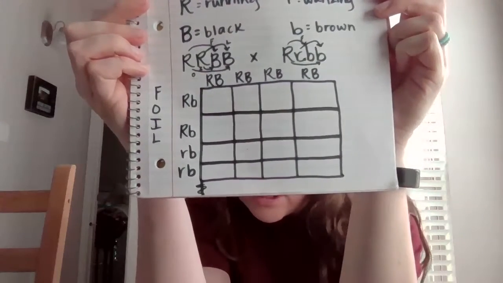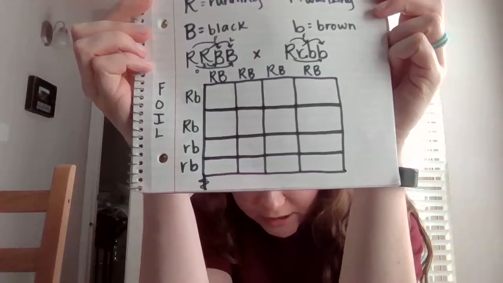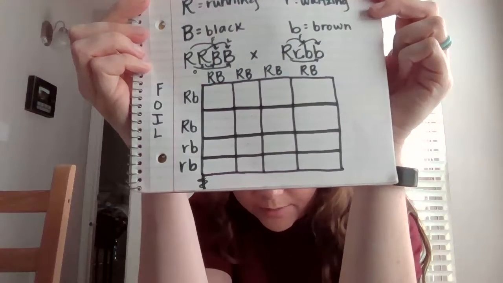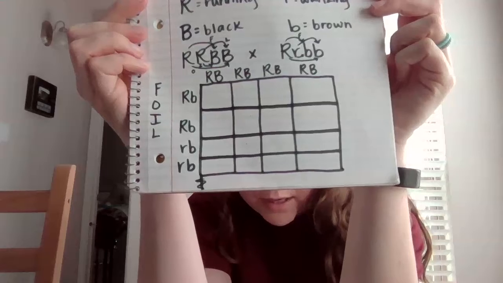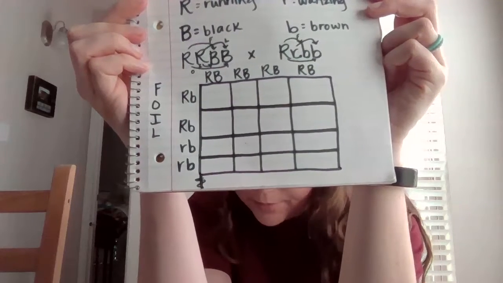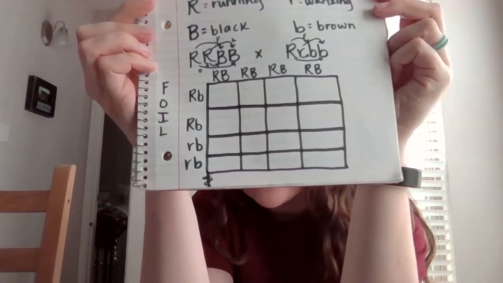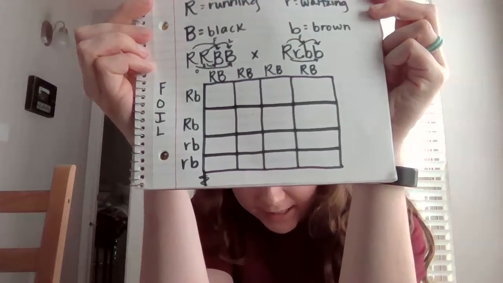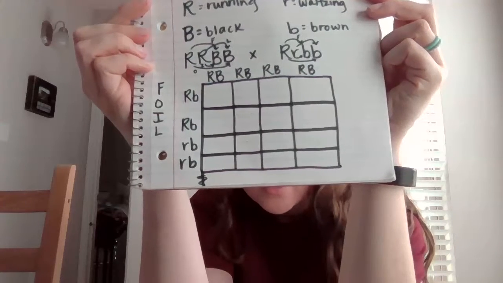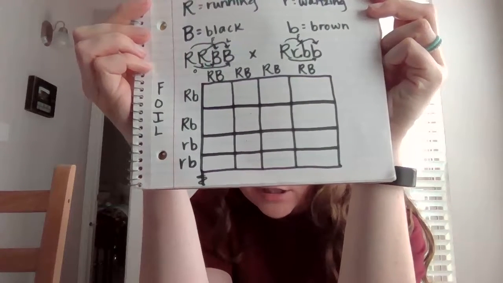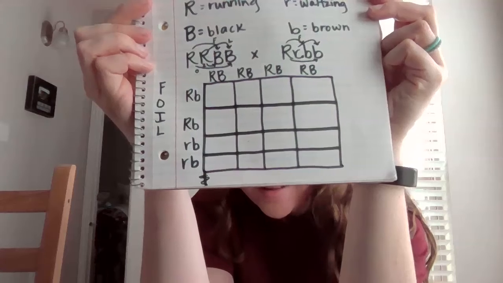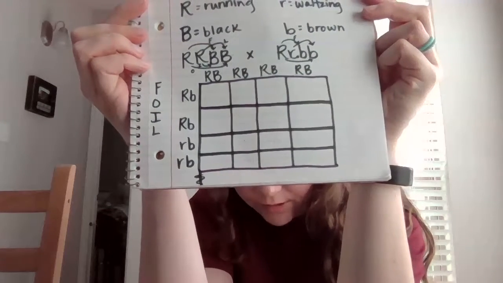Now we have to combine these. What we want to do is keep all of the same letters together, so we keep our R's together and our B's together. But capital always comes before lowercase. Even if we had two lowercase r's, that R is going to come before the B. You only keep the capital first within the actual trait itself.